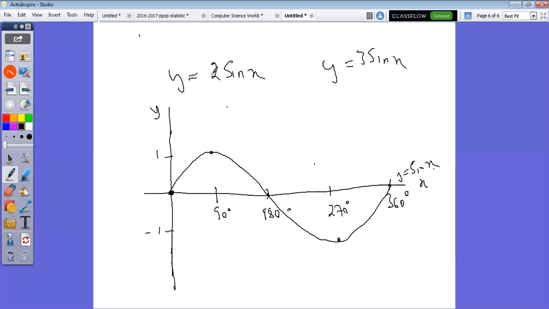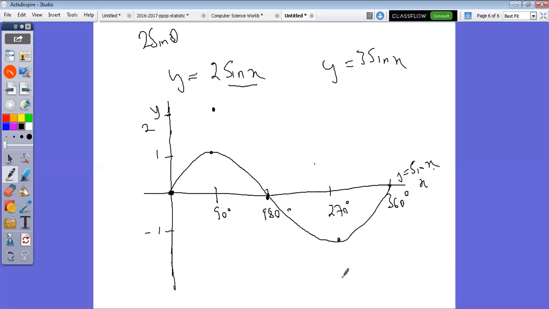Now let's think of this 2. If I say 2 sine 0, if sine 0 is 0, it remains at 0. Sine 90 is 1. What is 1 times 2? It's 2. So the amplitude goes to 2. Then at 0, it remains 0, because 2 times 0 is 0.